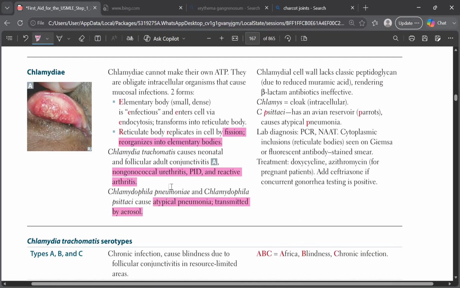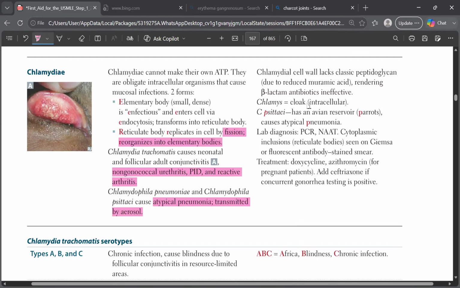So trachomatis is going to cause the conjunctivitis, urethritis, and Chlamydophila are going to cause pneumonia, and this pneumonia is transmitted by aerosol. The chlamydial cell wall lacks classic peptidoglycan due to reduced muramic acid, rendering beta-lactam antibiotics ineffective.